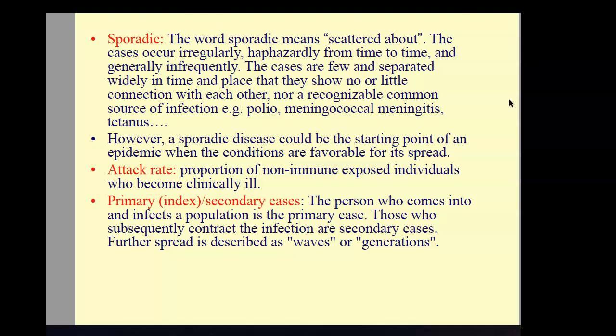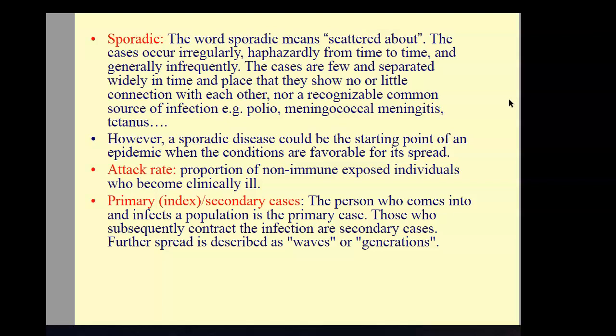Sporadic. The word sporadic means scattered about. The cases occur irregularly, haphazardly, from time to time, and they are generally infrequent. However, a sporadic disease could be the starting point of an epidemic when the conditions are favorable for its spread.